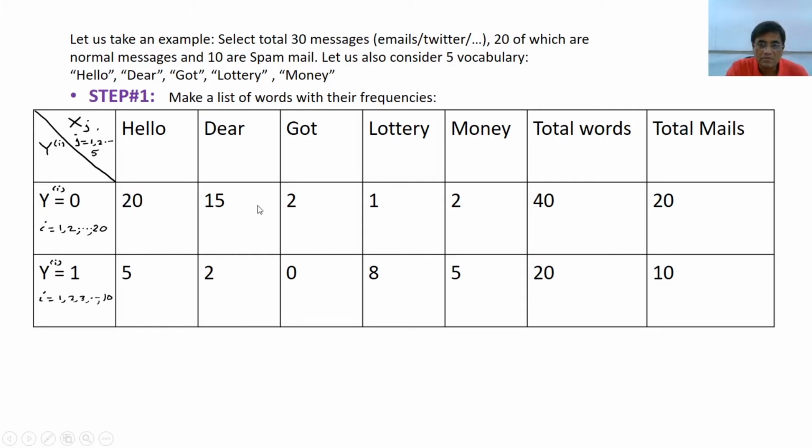All the 20 mails were scanned, and it turns out that hello appeared 20 times, and dear appeared 15 times. These are the mere frequencies. Got appeared twice, lottery appeared once, money appeared 2 times, making a total of 40 words. Similarly, these are the frequencies of words in the spam category mail.